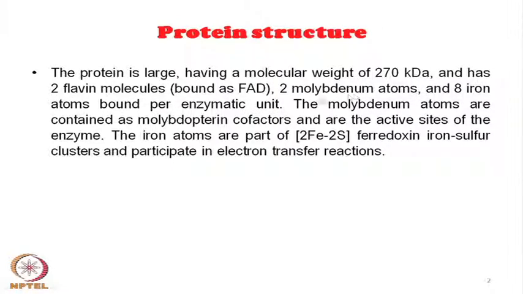So, for the molybdenum center to work and show the enzymatic action on the xanthine molecule, we see that the iron bearing centers, like those of ferredoxin or other related iron sulfur proteins, settle between the two oxidation states commonly available for iron, the ferrous state and the ferric state.